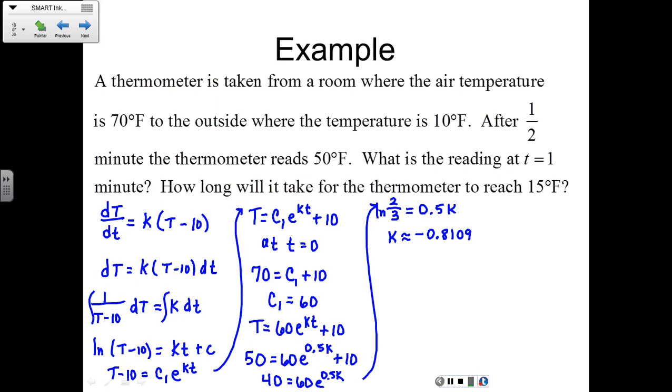Why do you think that's kind of a large number, that constant? Yeah, it's cold outside. It's cold outside.